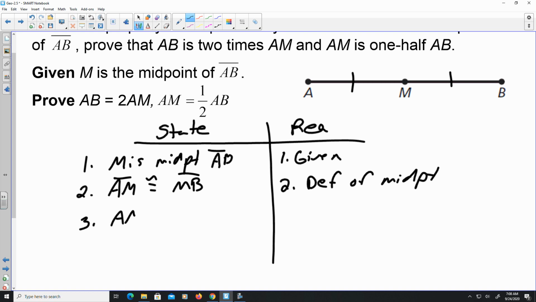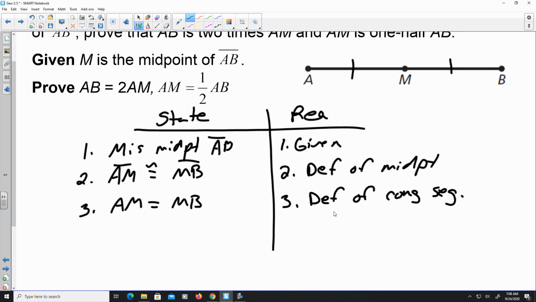So AM is equal to MB, and just like the previous reason, definition of congruent segments. Then for step 4, we look at the algebra sense of this. We also know that AM plus MB is equal to AB, and that comes from the segment addition postulate.